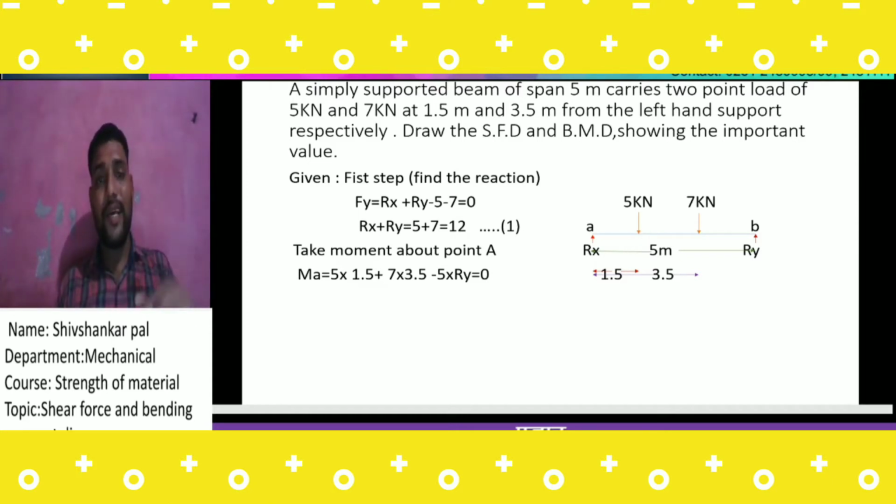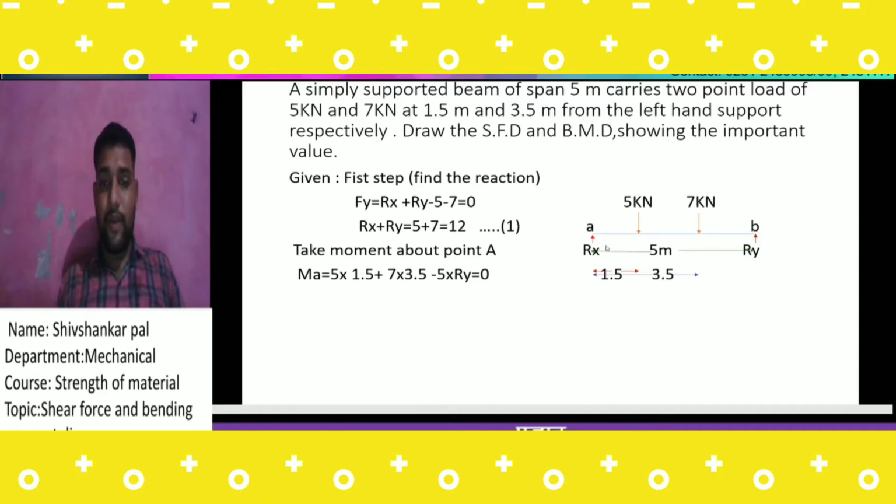When a force is in the upward direction, it is taken as positive, and when the force goes downward, it is taken as negative. That is the only consideration, according to direction, not magnitude.